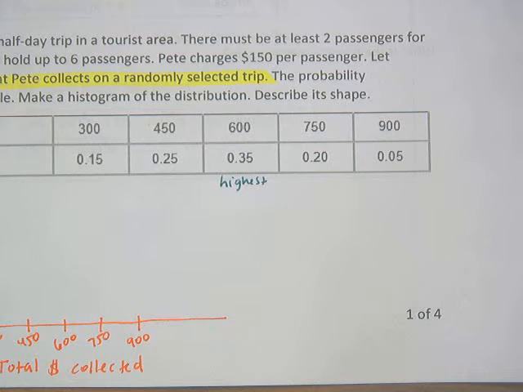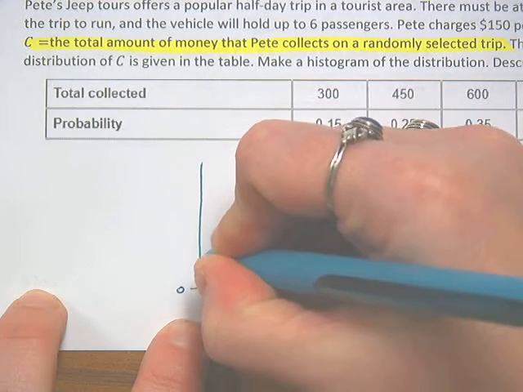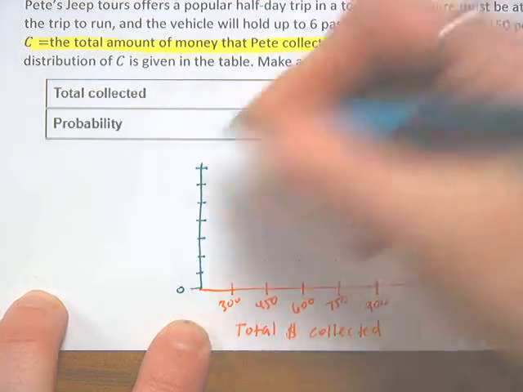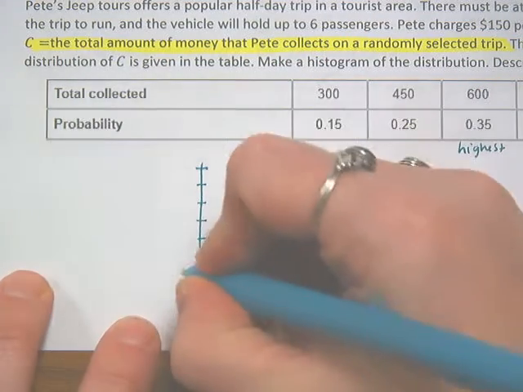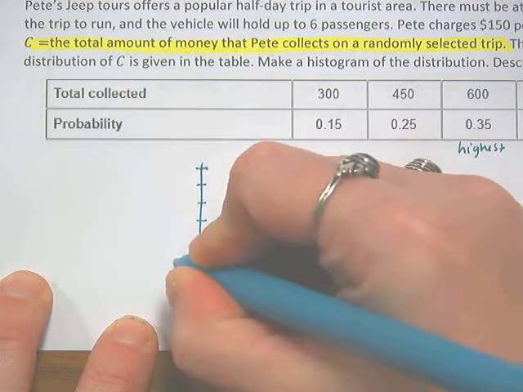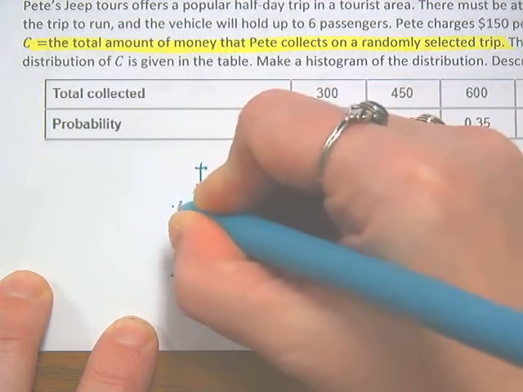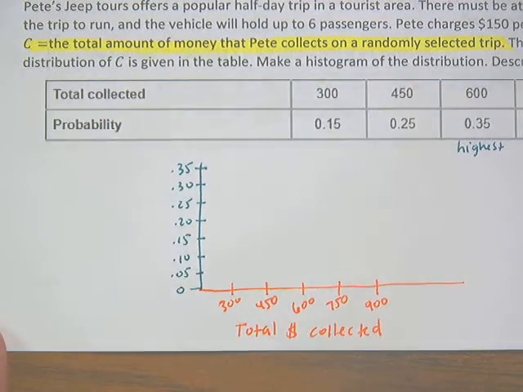So I'm thinking we could just count by 0.05, 5, 10, 15, 20, 25, 30, 35. So let's see, 5, 10, 15, 20, 25, 30, 35. We're really counting by hundredths. So 0.05, 0.10, 0.15, 0.20, 0.25, 0.30, 0.35, and that covers all of our bases.